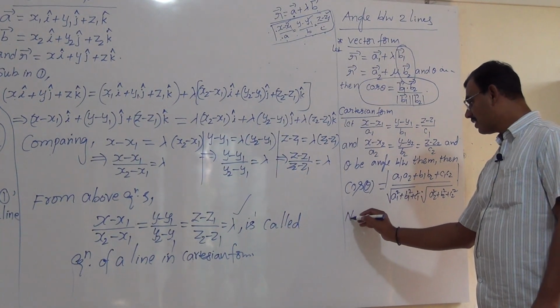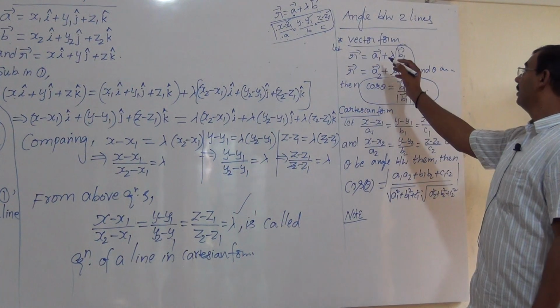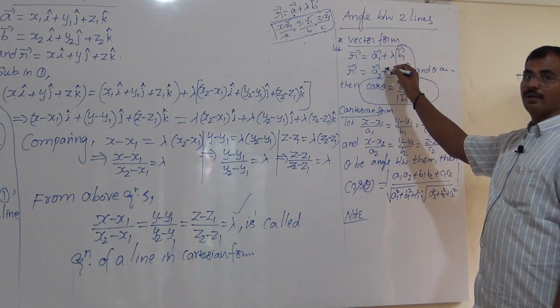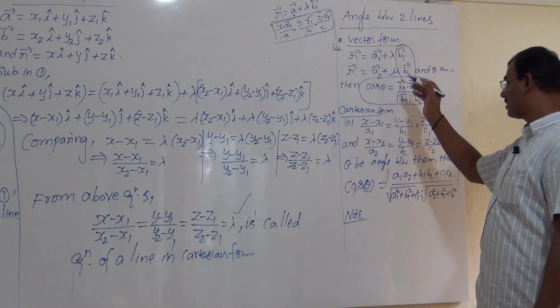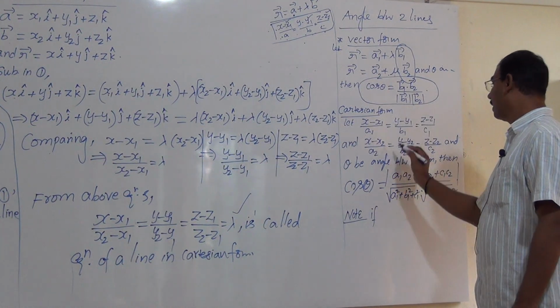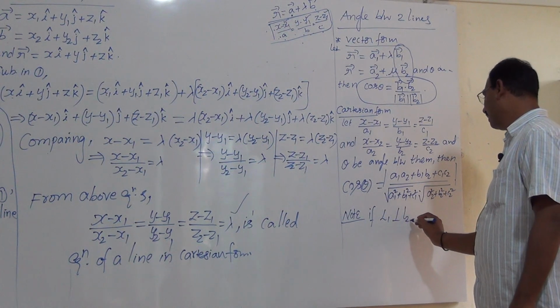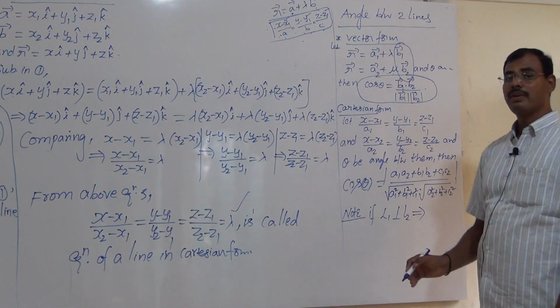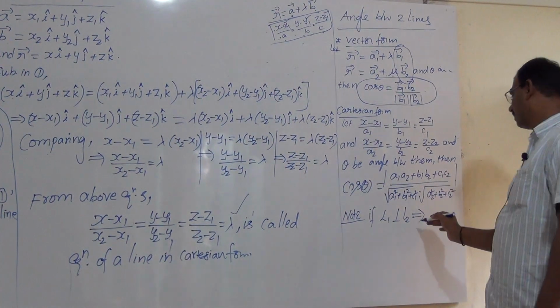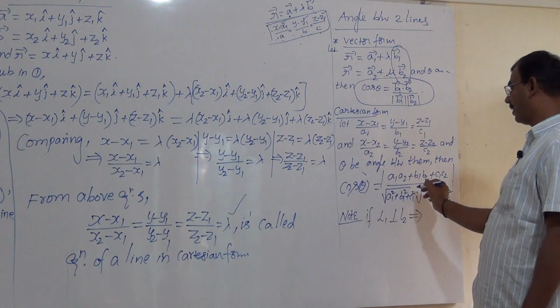Here some conditions are there. What are the conditions? If two lines L1 and L2 are perpendicular, the condition is that cos 90 is 0, so the numerator becomes 0.